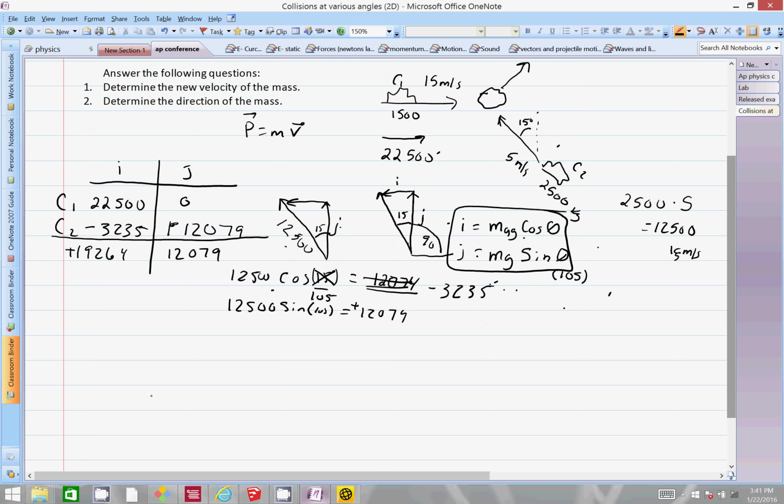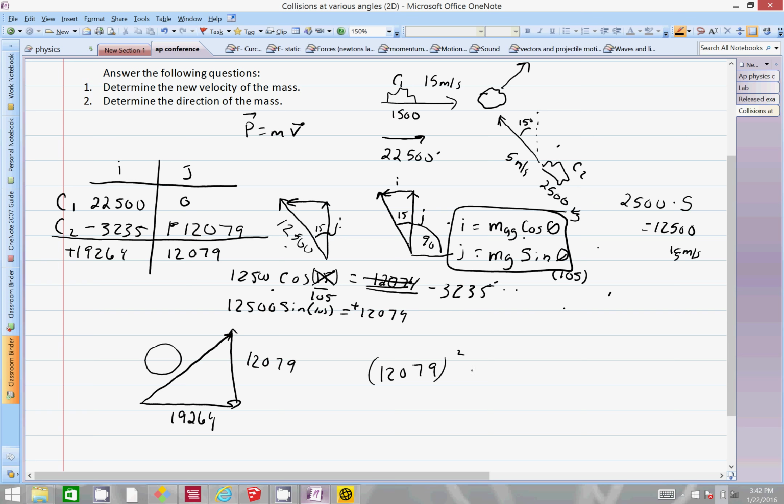I have in the I component, which is the x, I'm going to go this way, which would be 19264, and then my j component will go up. All right, and this guy is going to be 12079. I will therefore find my hypotenuse. So we're going to use Pythagorean theorem for this guy. 12079 squared plus 19264 squared equals my hypotenuse component squared.